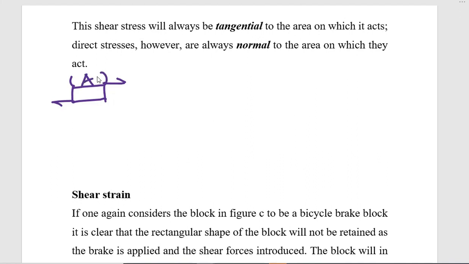This is the area where it is acting. Whereas, if this is the shear stress tau, if it is the normal stress system, then you could have something of the sort. If we consider a tensile stress system, then it will be of this form, whereby this is the area.